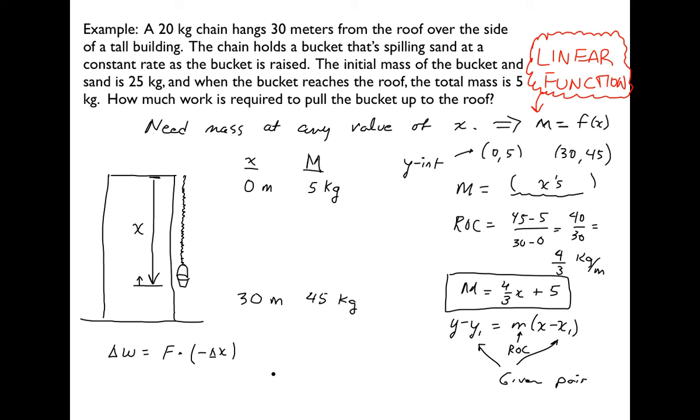Okay, so what is the force? Or in other words, what's the total weight when x meters is hanging down? What's the total weight of everything we have to pull up? Right, and what's the mass, Adrian? So it's going to be the 4/3 x plus 5, that's our mass, times g.